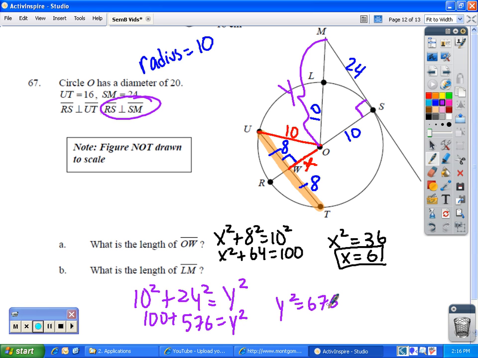And so the square root of 676 is 26. Okay, so this entire segment right here is 26. That wasn't what I was asked to find, though. I was asked to find LM, LM just being this part right here. And so if the whole thing's 26 and this part inside the circle is 10, that means LM is actually equal to 16.